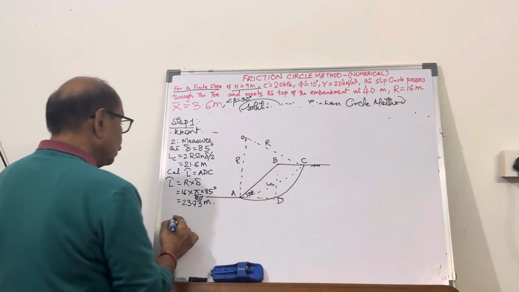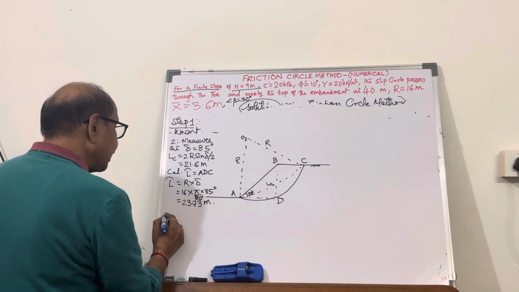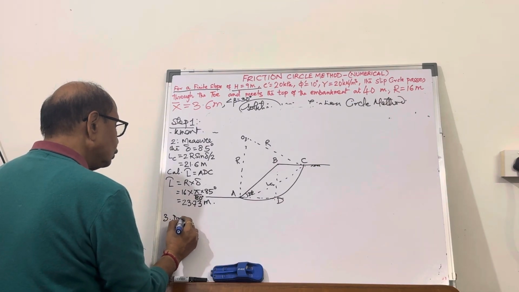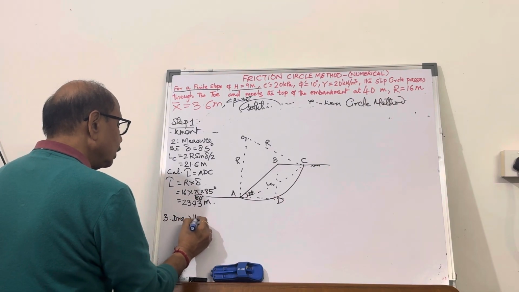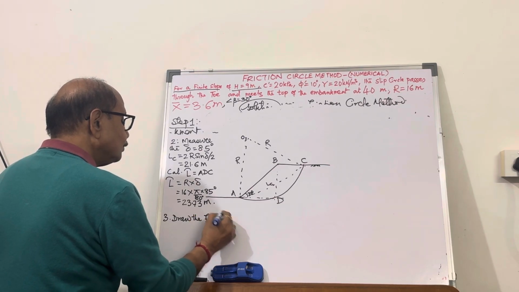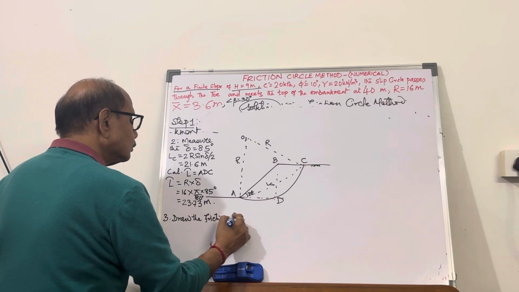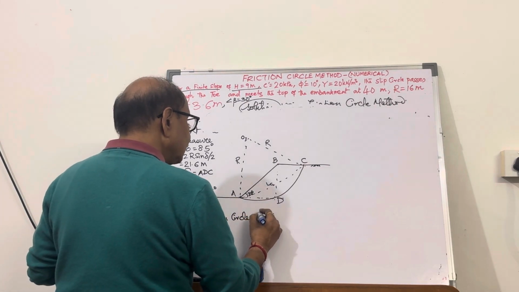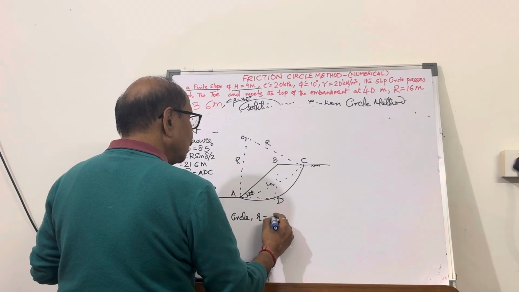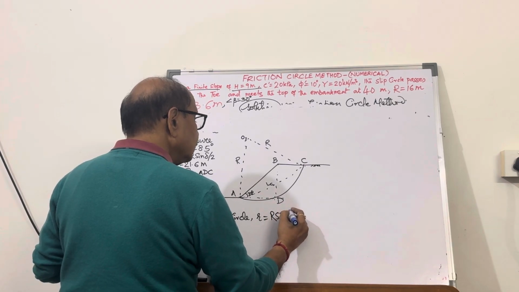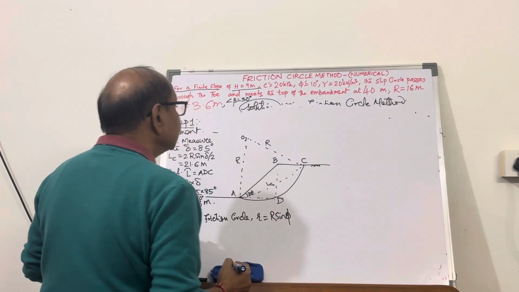Now, the next step is to draw the friction circle having radius equal to r sine phi.